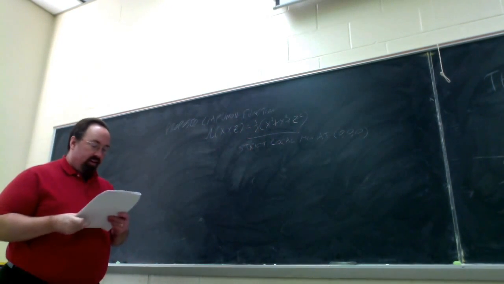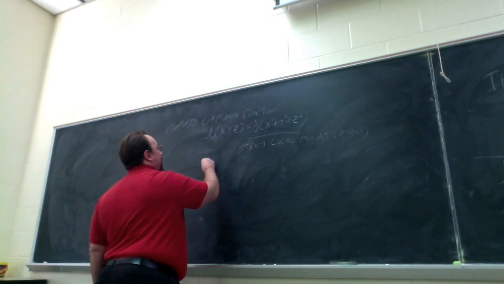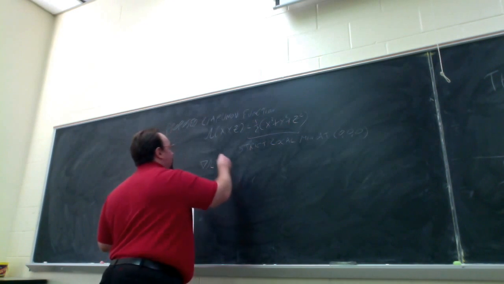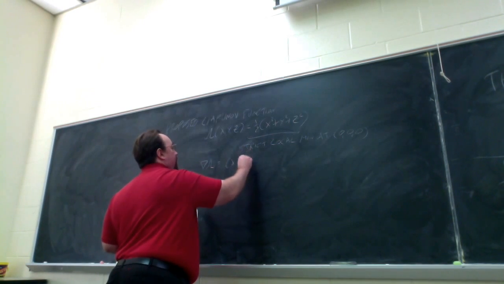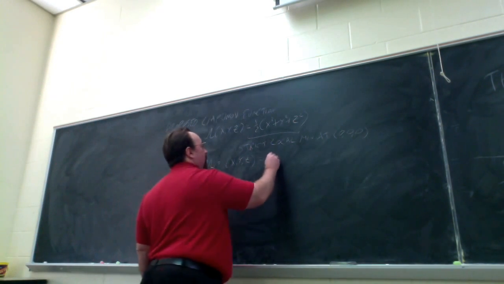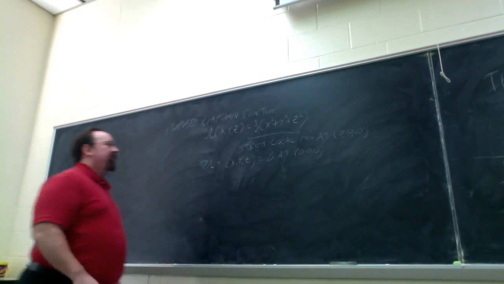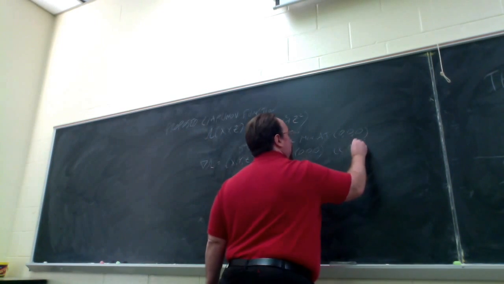And the reason why is because the gradient of lambda is (x, y, z), and this equals 0 only at (0, 0, 0), because that's a critical point to find the minimum.